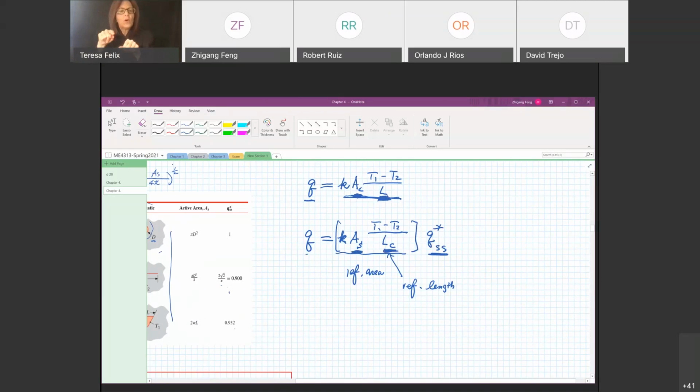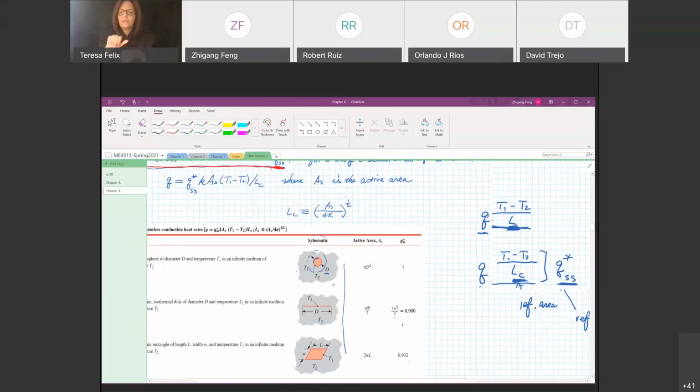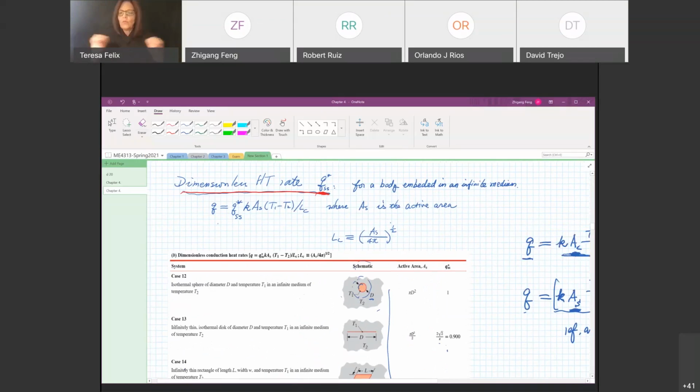Right? So that's why we have to introduce the dimensionless heat transfer rate. Okay, so this is the equation where we find the Q. If we know the dimensionless heat transfer rate, the L sub C, the reference length, and the reference surface, then we can find the heat transfer rate.